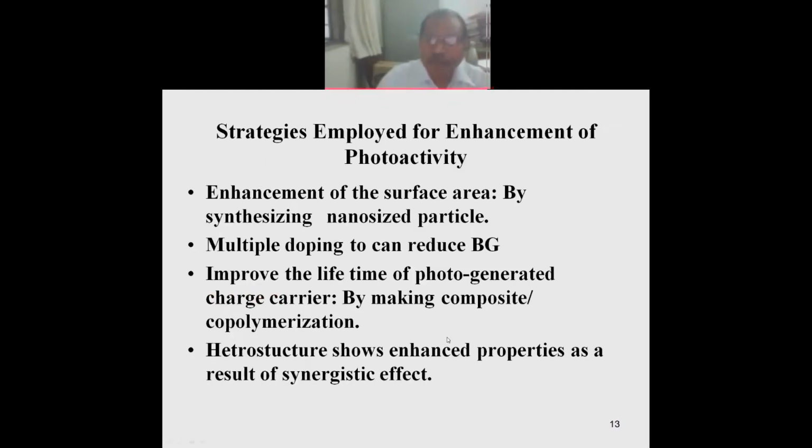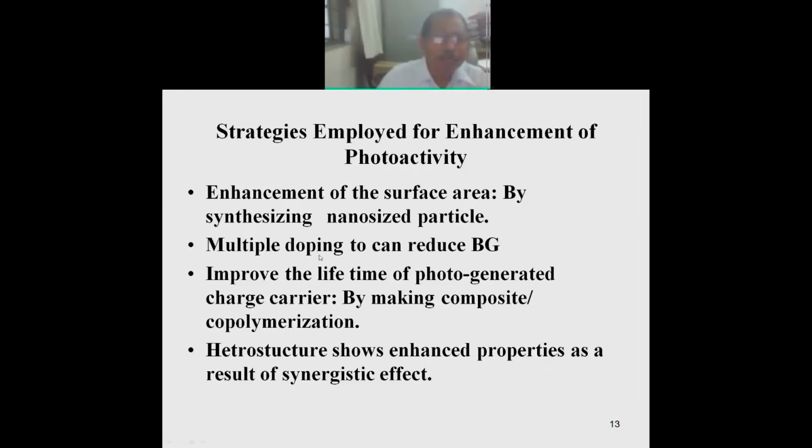So the different strategies we fixed to enhance the photoactivity are modification of the structure and band structure. This modification can be done by enhancing the surface area by synthesizing nano size particles. If the particle is smaller, the surface area is larger. So we try to develop a material which has high surface area and smaller size.